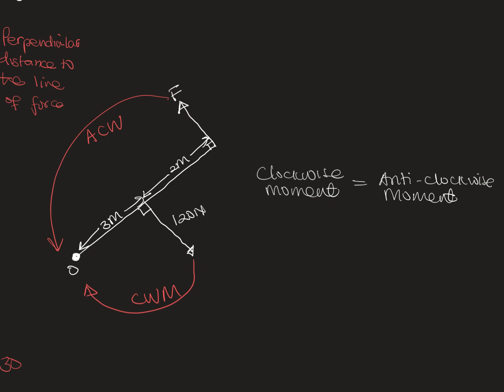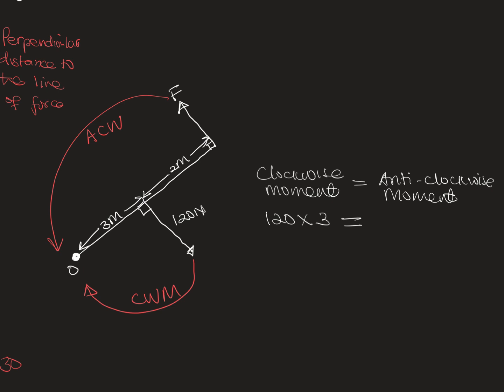So taking moments from O, the force of 120 Newton is acting 3 meters away from O. So that will be 120 multiplied by 3 is equal to, if we are now considering the force F, it is acting at a perpendicular distance of 5 meters from the turning point O.